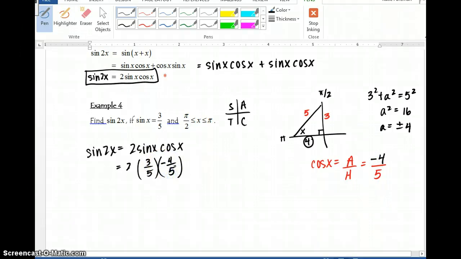So I replace negative 4/5 with the cosine of x, multiply across, 2 times 3 is 6, times negative 4 would give me negative 24 over 25. Now the good thing about the sine identity, you don't have to ever get a common denominator because we're strictly multiplying. It does, however, require that you use the right triangle because we'll more often than not just give you one piece of information.